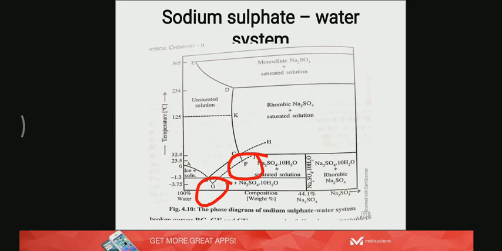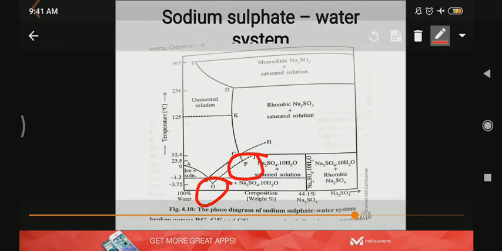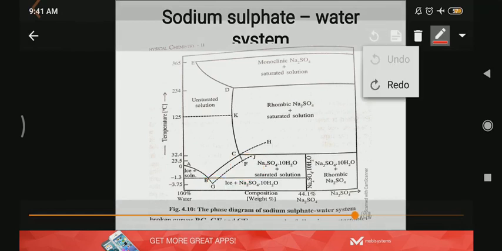At point C, phases in equilibrium are 10H2O, rhombic sodium sulfate and solution. Whereas what about at F? It will be Na2SO4 7H2O, rhombic sodium sulfate and solution in equilibrium. That is also a peritectic point but metastable, and it is also invariant.